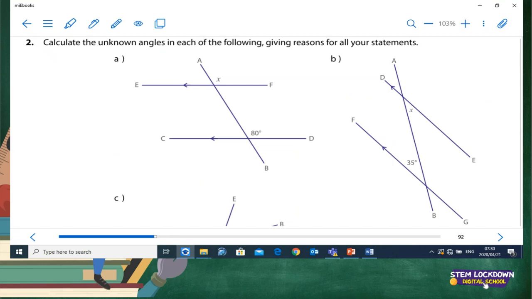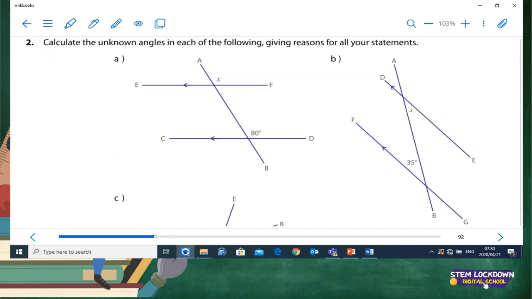If you look at A, we are required to find the value of X. So for now, let's focus on A. 2A: calculate the unknown angles in each of the following, giving reasons for all your statements. Remember, in geometry, for every statement that you make, you need to give a reason.